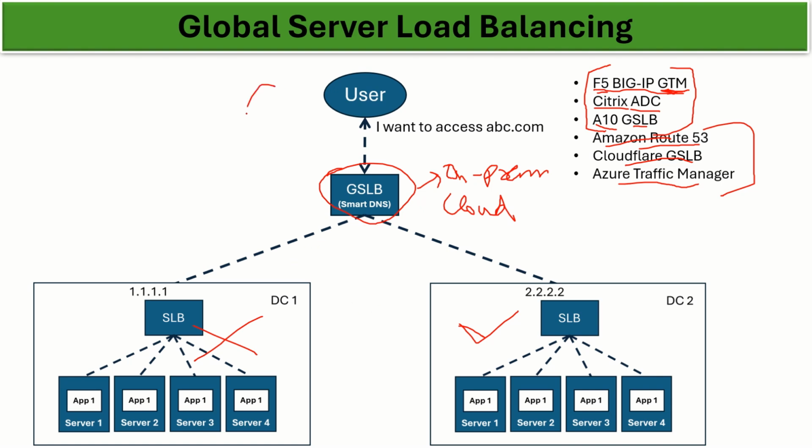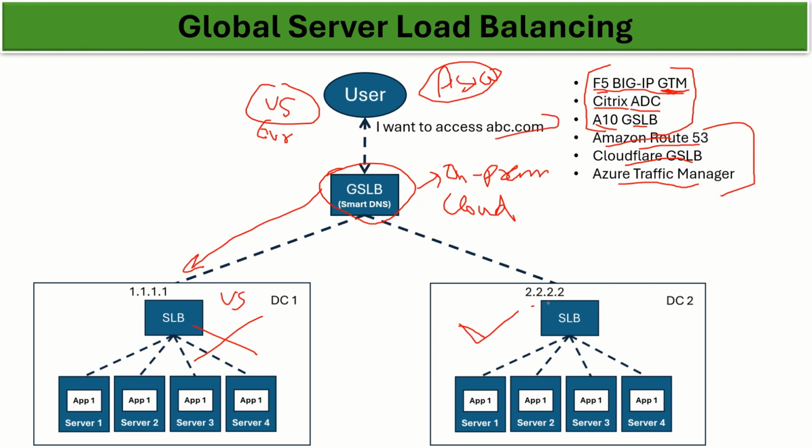Let us say we have users coming from the US region or maybe the Europe region. Based upon the source IP, it will send the IP of data center 1, which is in the US. And let us say we have users from Asia who want to access abc.com.